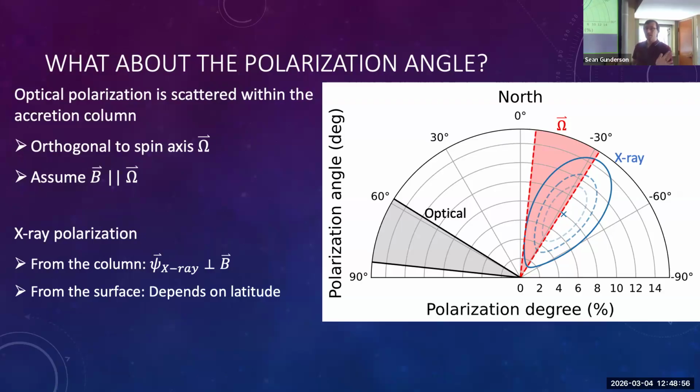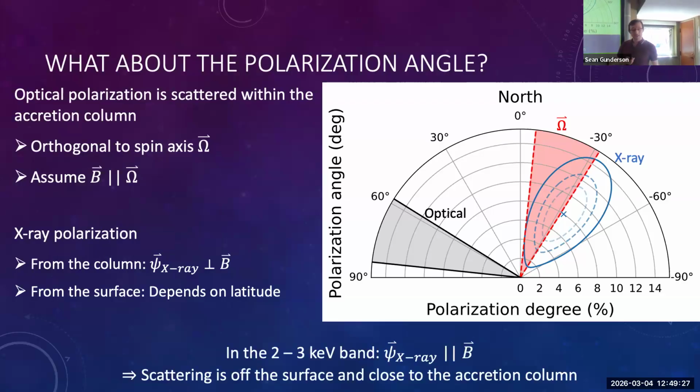They might be a little bit offset, but a good first-order assumption is that they're on top. We find, though, that our polarization in X-ray is perpendicular to the B field. Which means, ironically, that we know that we're reflecting off the surface and that they're very close to each other, the scattering surface and the B field, and thus the accretion column.